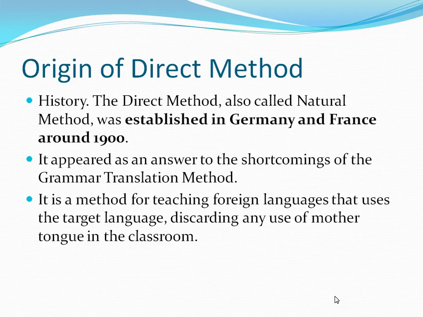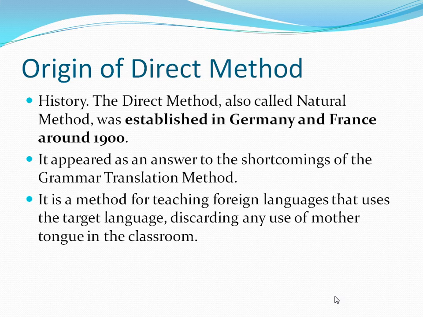So history suggests that the direct method, also called the natural method, was established in Germany and France. The scholars of Germany did this around 1900. Actually, the criticism against GTM started from the very initial stage of the 20th century. So after GTM, the first method we got appeared as an answer to the shortcomings of the grammar translation method, as I have said.